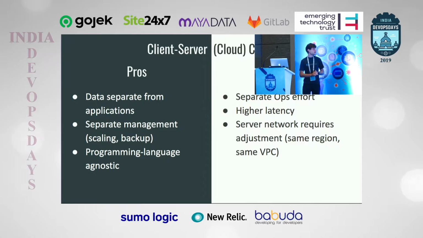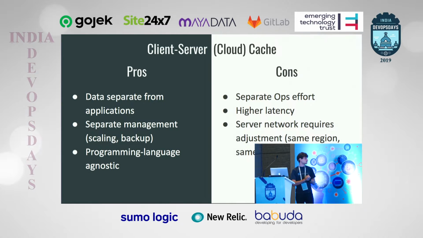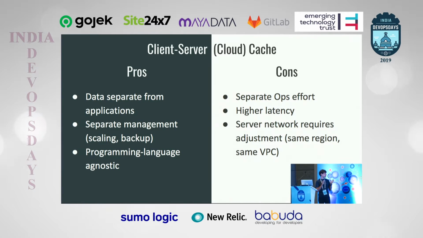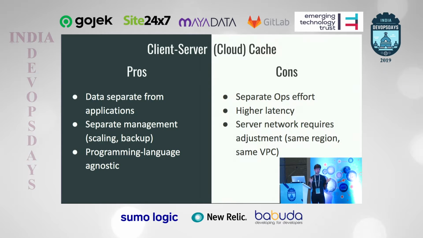Short summary about client-server and cloud cache. So the good thing is that data is separated from applications, and that is actually very important especially for big organizations, because they want to keep the data separate from the applications because of security, because also of resilience and so on.